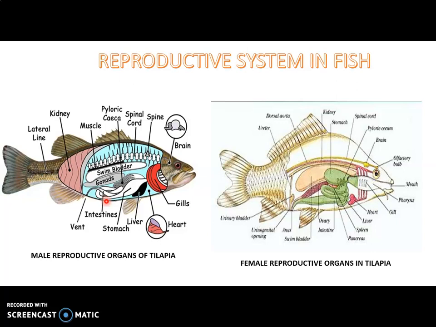These eggs will stimulate the male fish to shed its own sperms. When the sperms are released, they swim to meet the eggs and fertilize them.